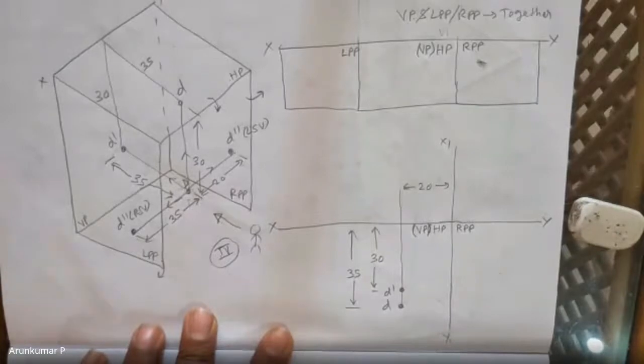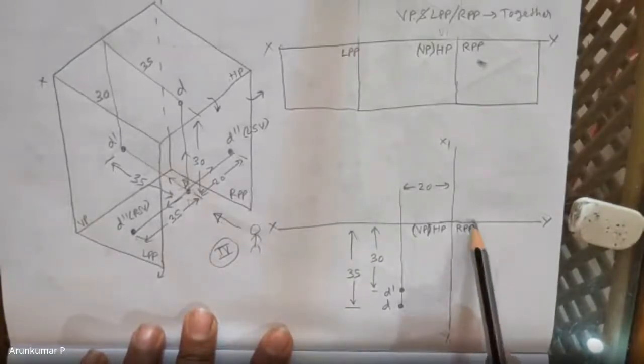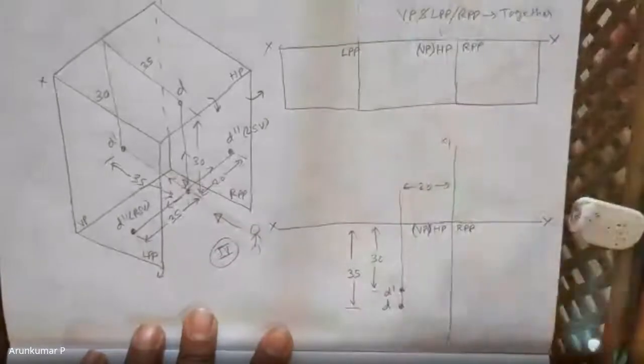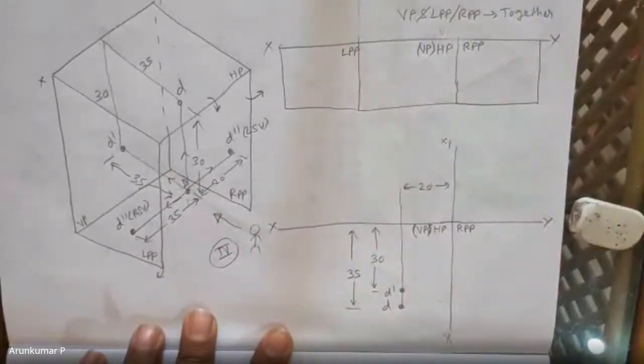Next, you want the side view, the left side view on the right profile plane. So, if you want to draw the side view, then you need the median line. So, median line, where are you going to draw? In the previous cases, we have seen median line is beside HP.